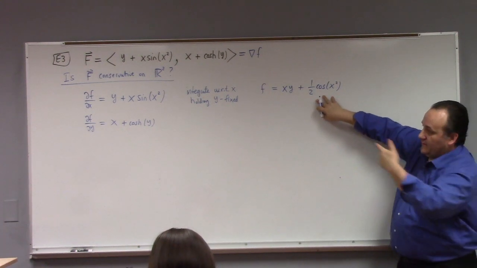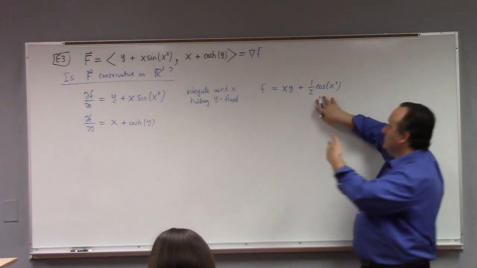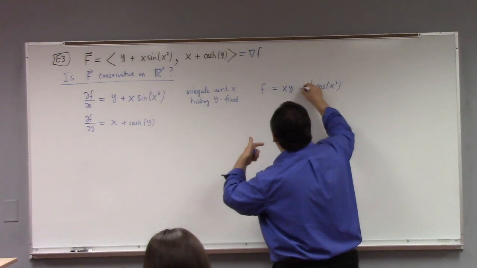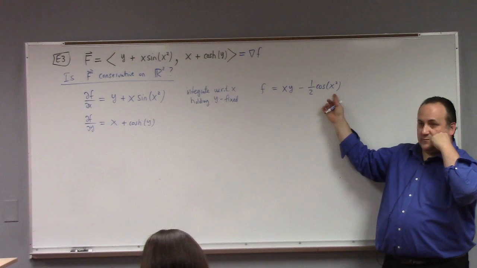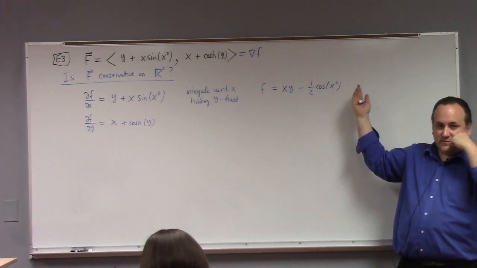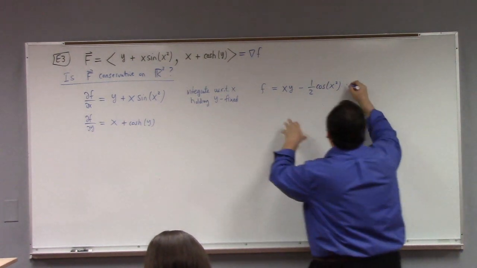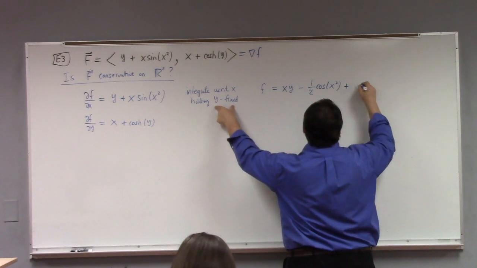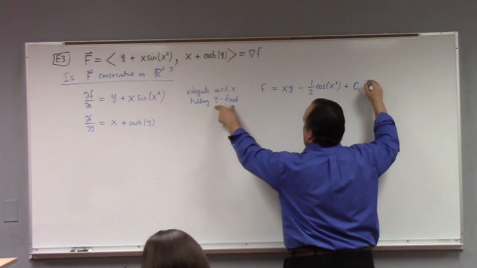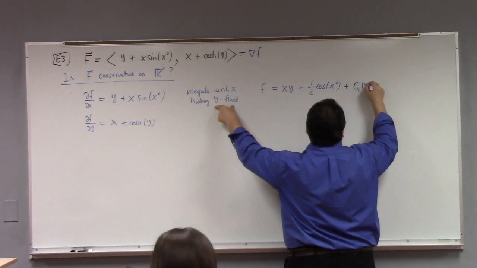But I didn't want minus, I wanted plus. So minus, all right. The integral of x sine x squared is minus 1/2 cosine x squared. That's a u substitution. And since we're integrating with respect to x holding y fixed, my constant c1 is technically a function of y.